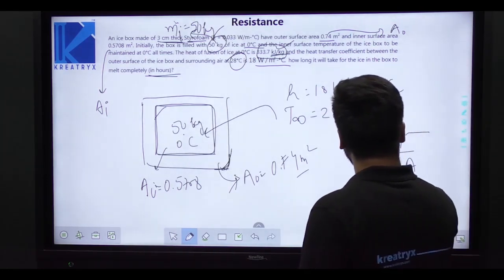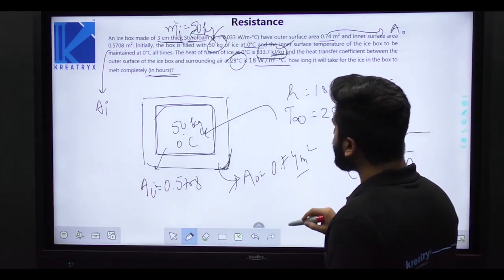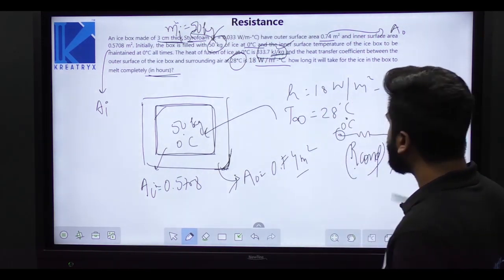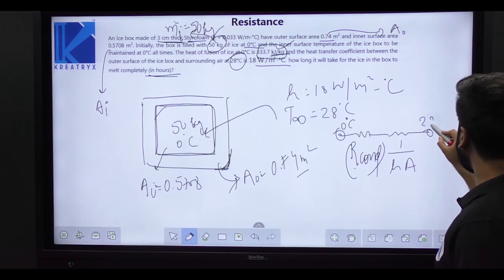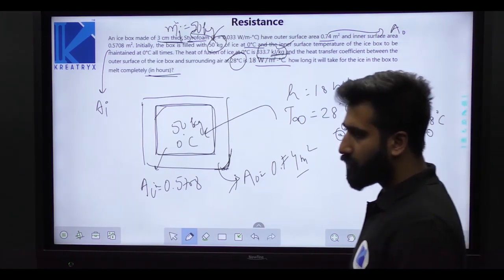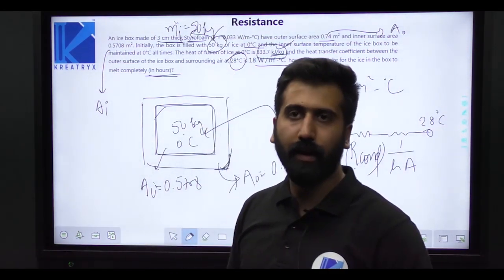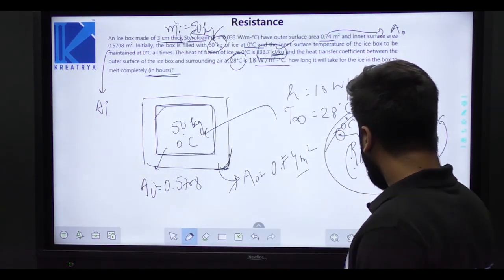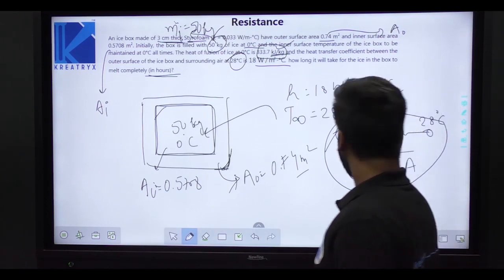This temperature will be 0 degrees Celsius, and this temperature will be 28 degrees Celsius. So we can find the heat transfer rate by using all this data.